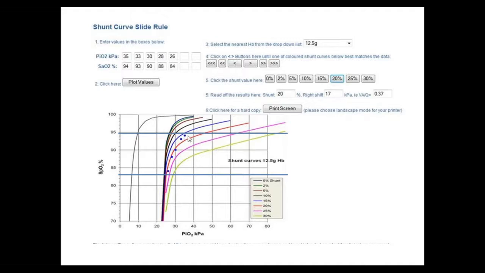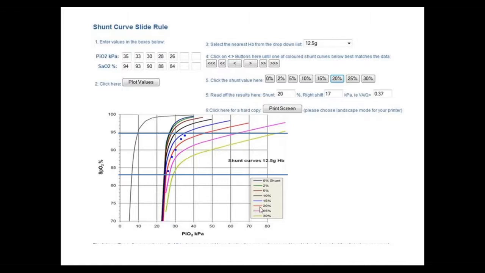And we apply that on the graph, and we also have to select the current hemoglobin of the infant at the time of the test. In this graph I should select the right to left shunt according to the color of the line or the curve. The color here is red, so most of the points are consistent with the red color.